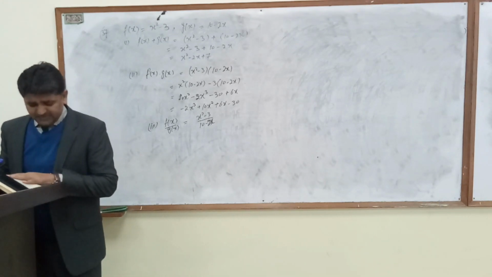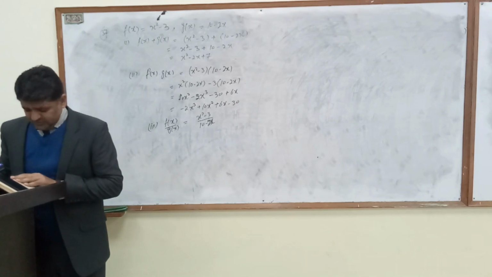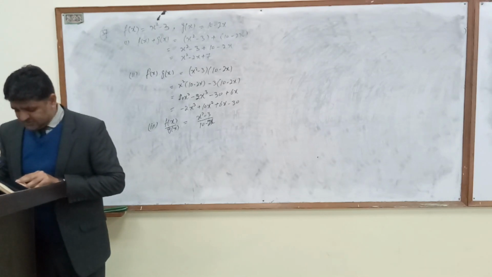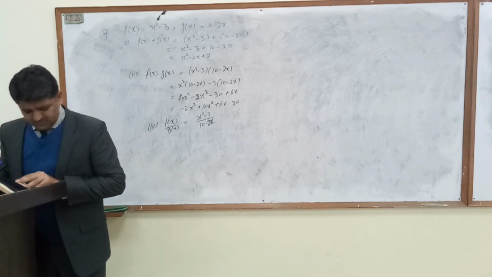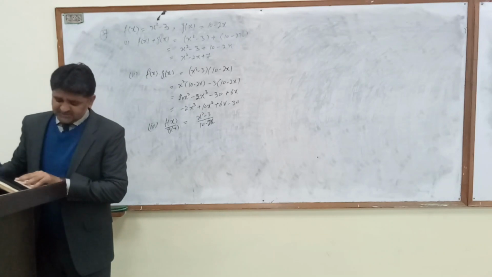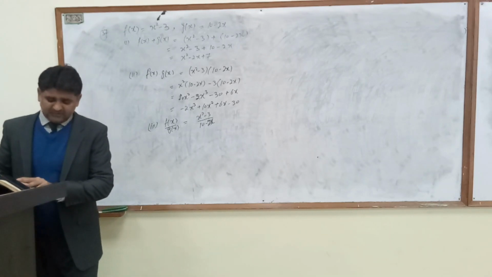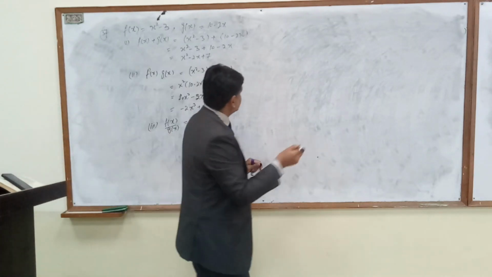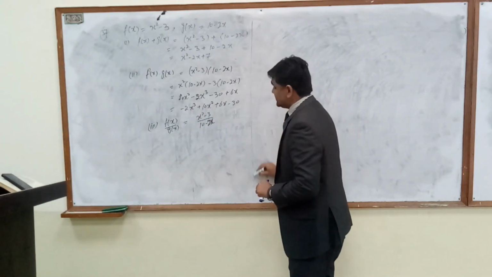If we look at question number 43, 44, we can solve any of these two questions. That is about composite function. If we solve question number 44, what is question number 44? Is it clear in your book?